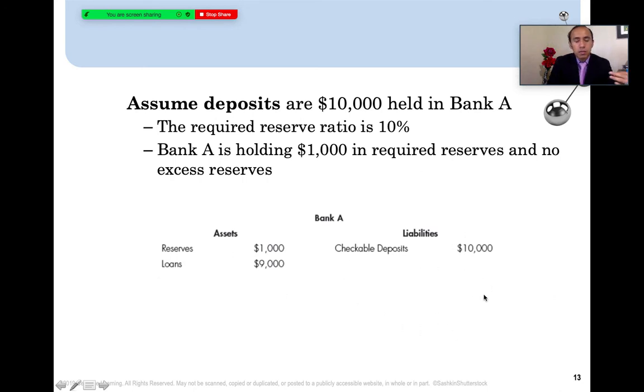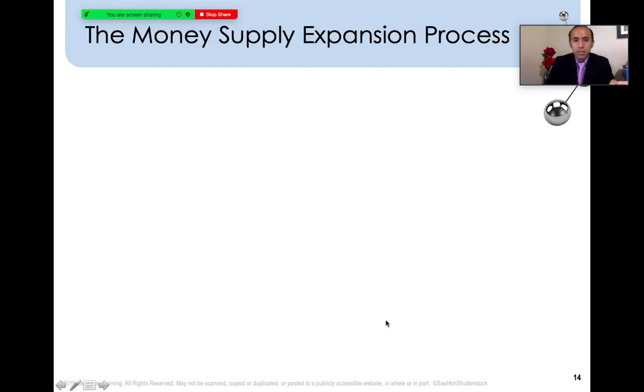That's a basic transaction within the first bank. These loans are lent out to other banks, and those banks create deposits and hold reserves, etc., or to other individuals, and the process continues and so on. That's referred to as the money supply expansion process.